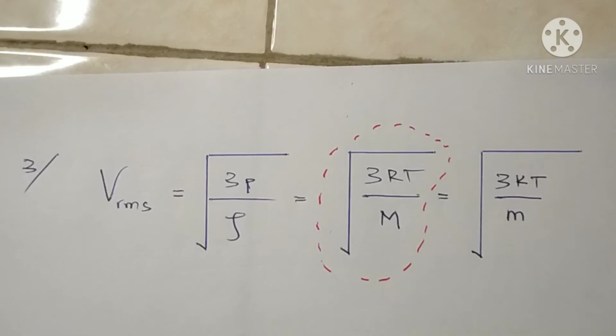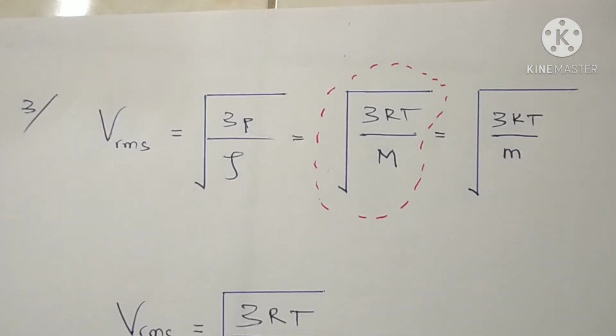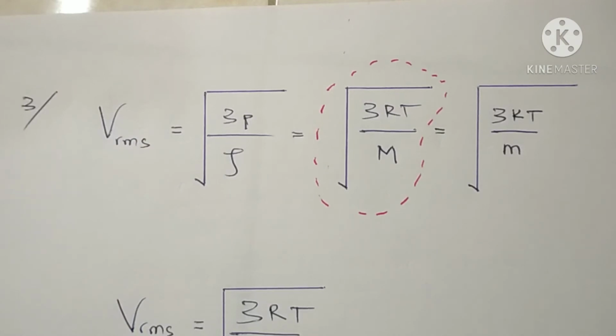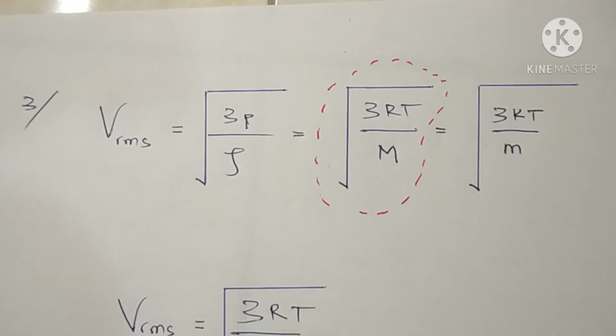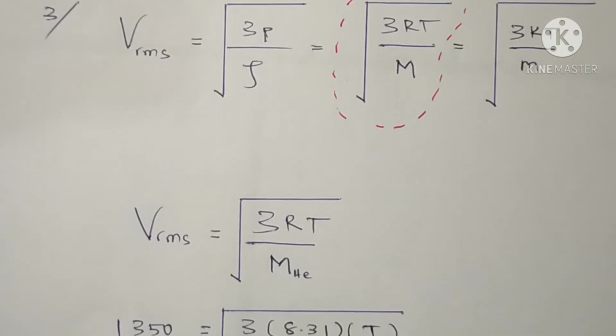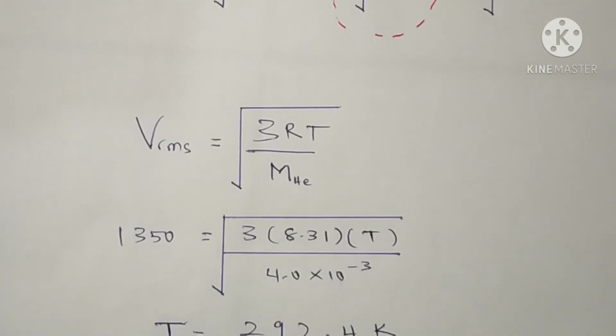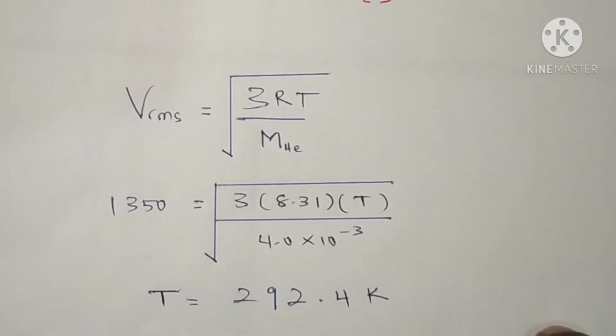By using the root mean square speed, which is equal to the square root of 3 times molar gas constant times absolute temperature divided by the molar mass of helium, we can substitute all the values accordingly to find the absolute temperature T, which is equal to 292.4 Kelvin.